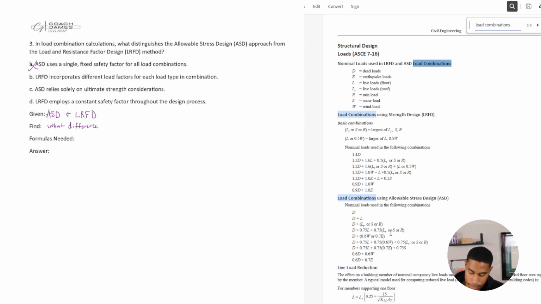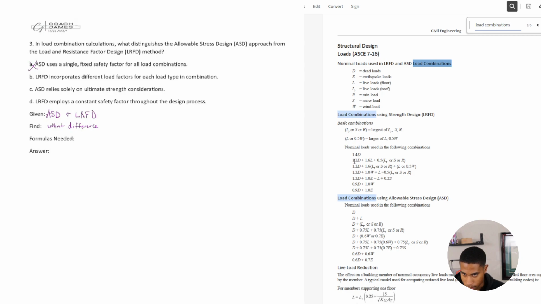LRFD incorporates different load factors for each load type and combination. Yeah, so they are incorporating different load factors for each load type.